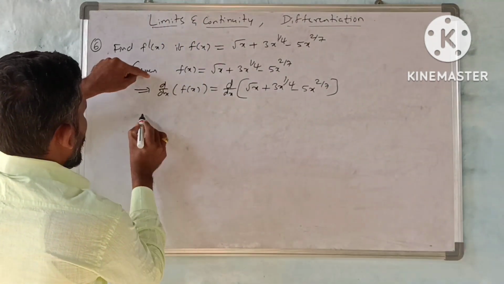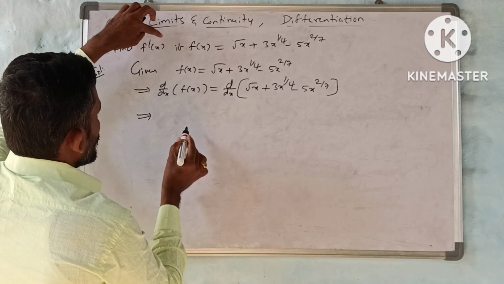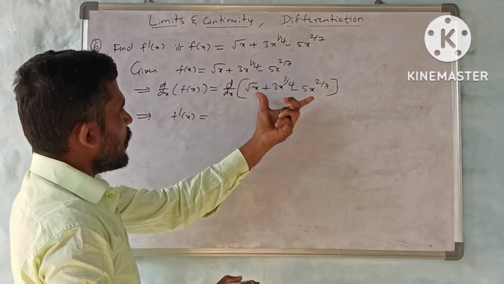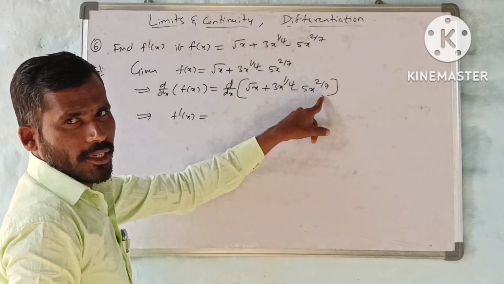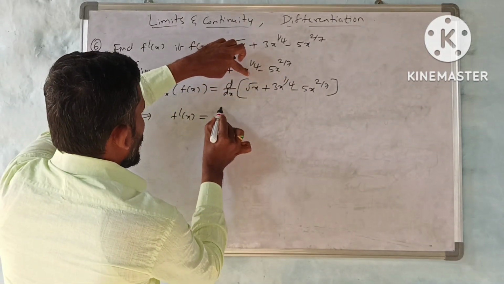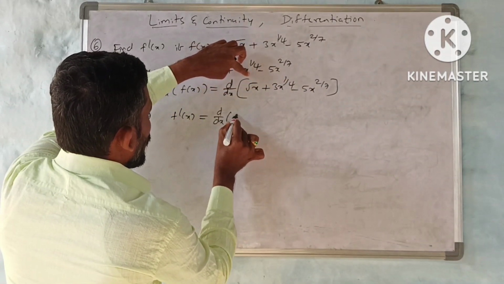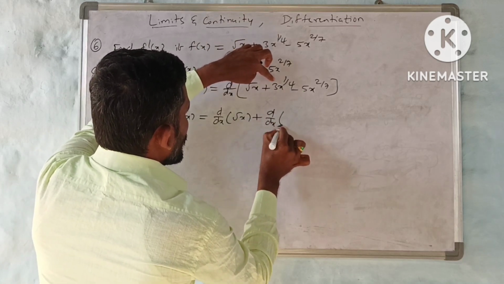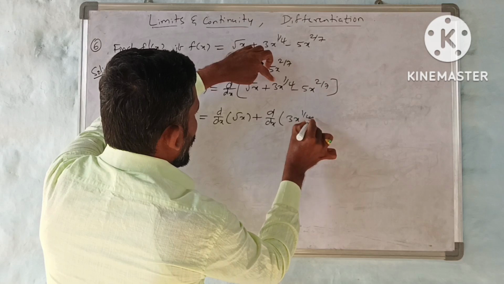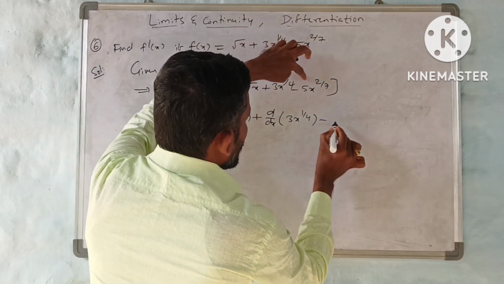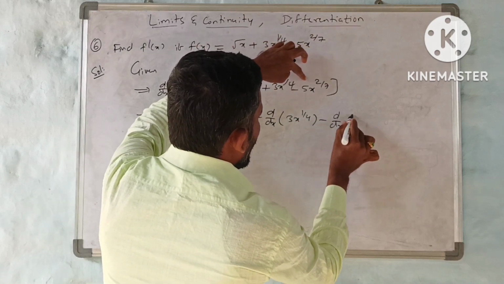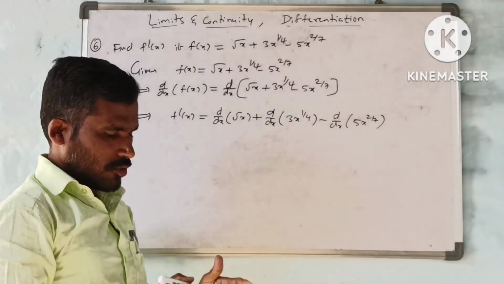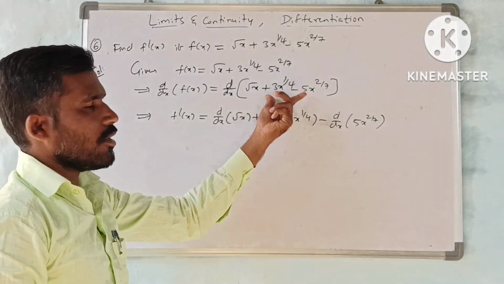So d by dx of f of x is denoted with f dash x only, equal to the derivative of the whole, which is the derivative of each term. So that is d by dx of root x plus d by dx of 3x power 1 by 4 minus d by dx of 5x power 2 by 7. So the derivative of the whole is the derivative of each term.